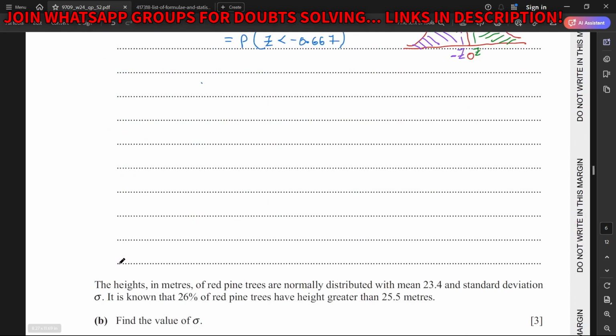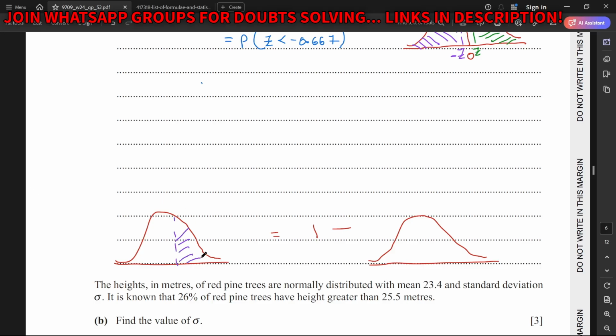Over here I'll mention that if I am having the value that I'm shading on the right hand side, it is the same as writing 1 minus the area on the left hand side. So out of the 100% area, if I get rid of the left side part, I am left with the right side part. That is what is going to be displayed over here.